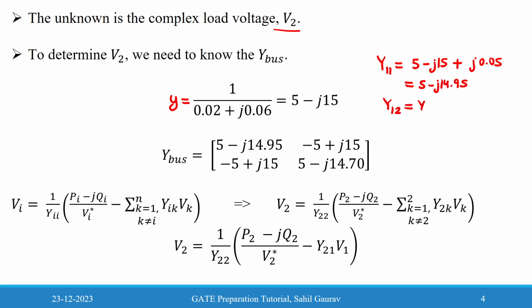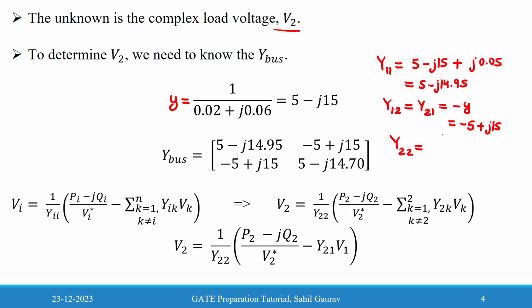y12 and y21 will be equal, since it is a symmetrical matrix. So this will be minus of y, and it is minus of 5 minus j 15, so minus 5 plus j 15. And for y22, one extra element is there, that is the capacitor.